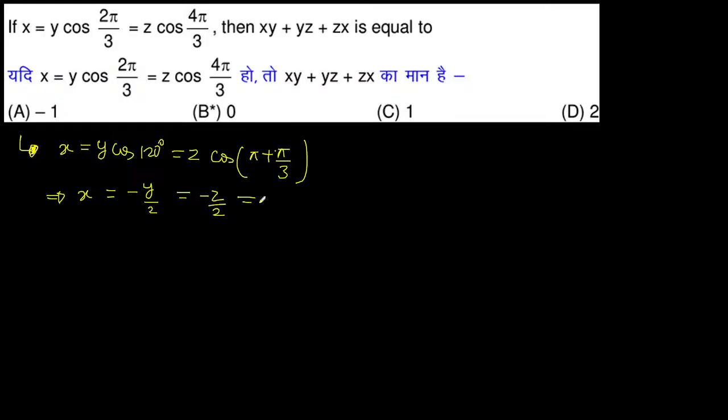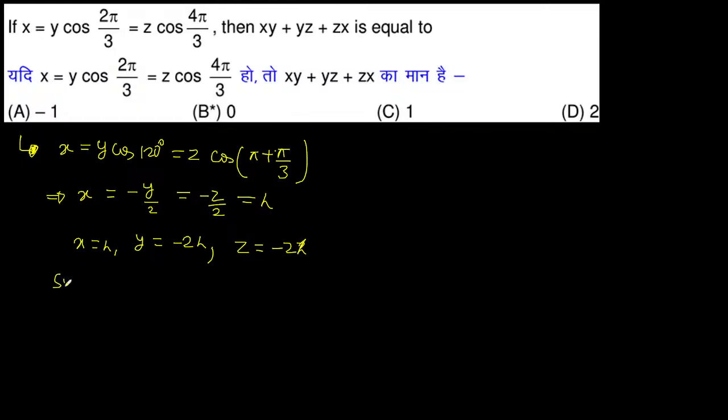If we consider this as equal to lambda, can we say x equal to lambda, y equal to minus 2 lambda, z equal to minus 2 lambda?